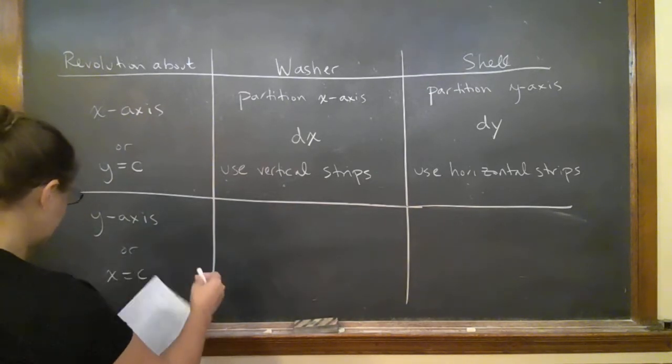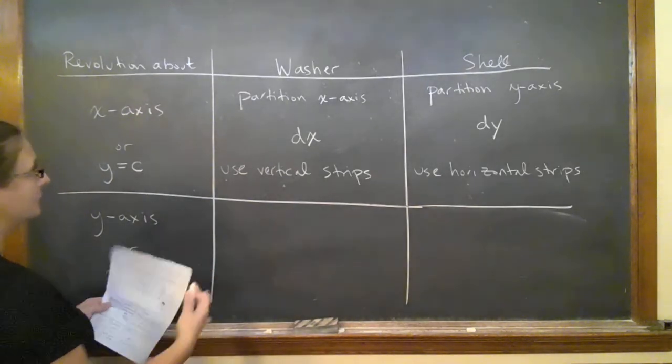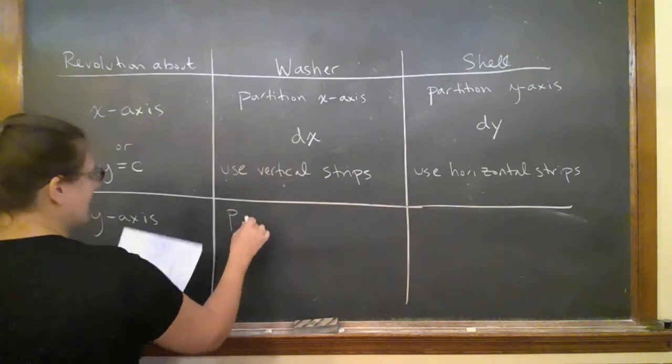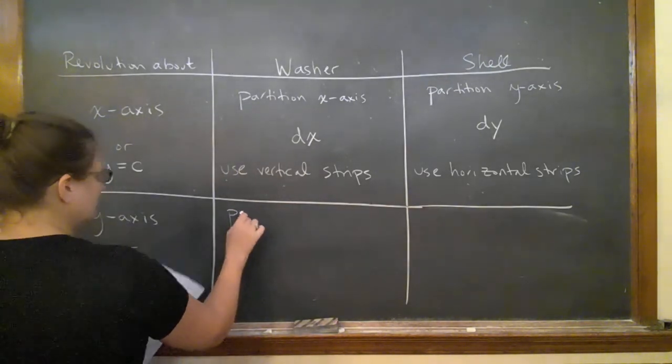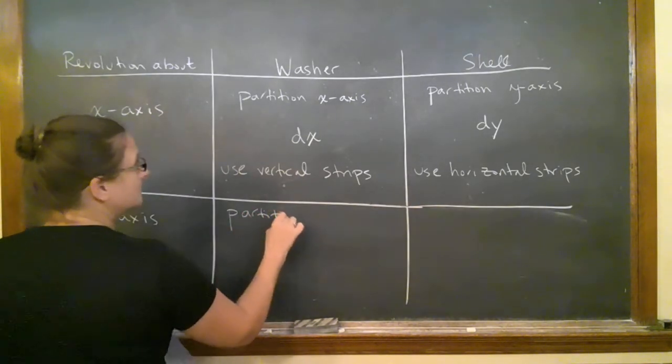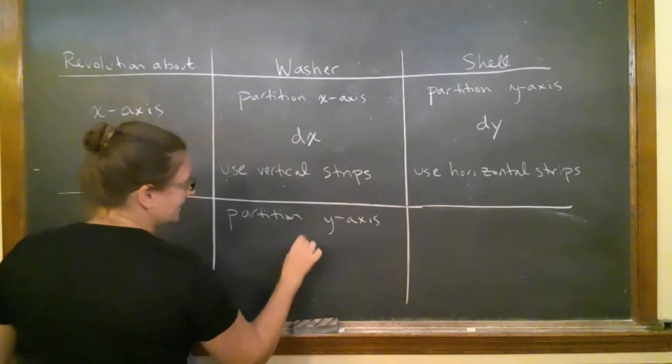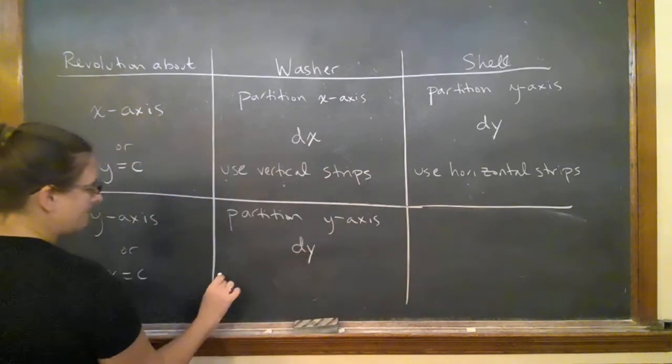So same thing here, but backwards, of course, because if I'm going around the y-axis and I'm using these washers, I need to partition the y-axis, which means I'm integrating with respect to y.